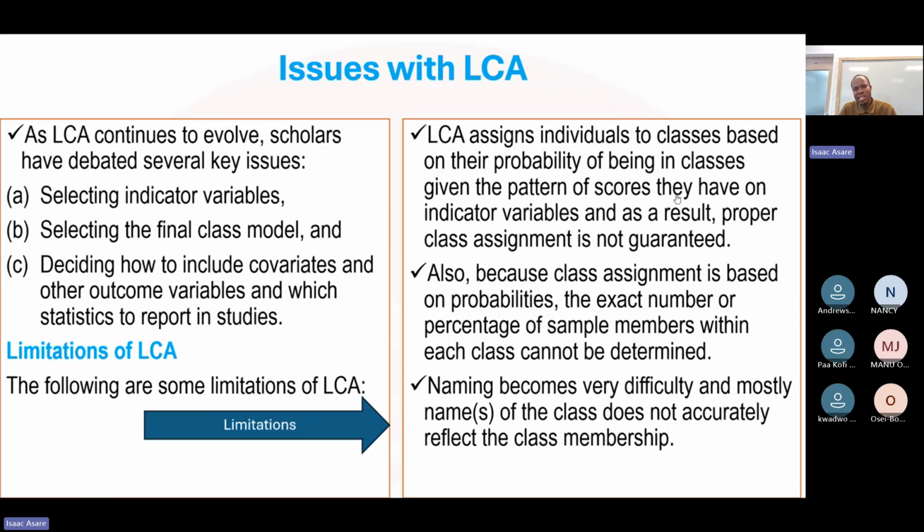Now, another limitation is what is called labeling, how you can label the items, or the classes. So for example, take the 30 items that you use to measure knowledge level when it comes to malaria.